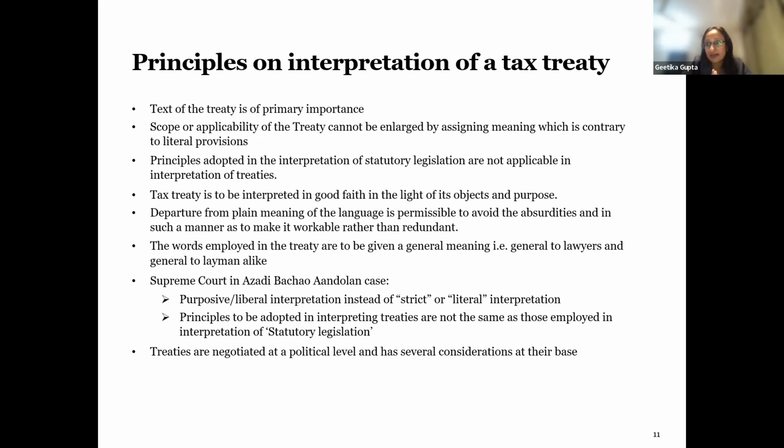Friends, this is a little theoretical, but in the first few slides, it is important to discuss these aspects, because when we come to practical issues, when we move to the next slides about the MFN clauses, the controversy in the MFN clauses, and how the courts are interpreting, then comes the importance of how the treaty needs to be interpreted on the basis of liberal interpretation. That is why we are discussing here what the principles are and how the treaty needs to be interpreted.